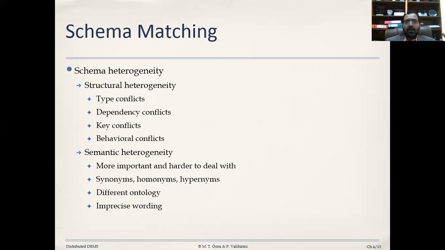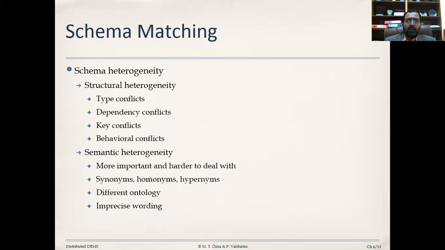One is schema heterogeneity, which is structural heterogeneity, and can be handled comparatively easily. But when you have heterogeneity in terms of meaning, representation, semantics, then it is difficult to manage. But in both cases, we can manage it.